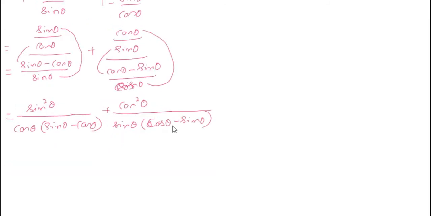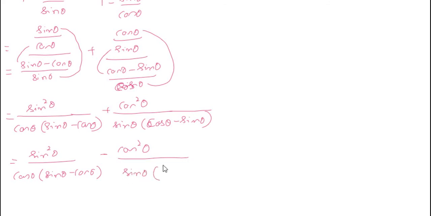Now this term cos theta minus sine theta, let us make it sine theta minus cos theta, then the minus sign will come out. So this becomes sine square theta divided by cos theta into sine theta minus cos theta, minus cos square theta divided by sine theta into sine theta minus cos theta.